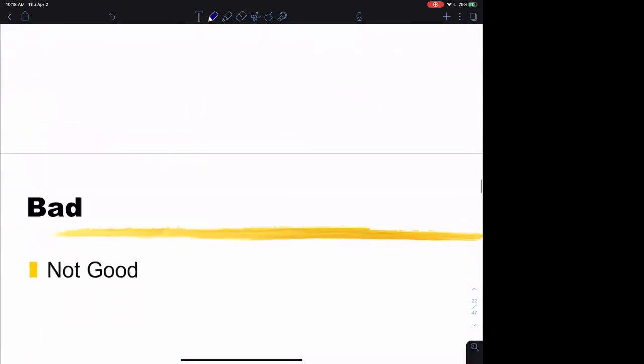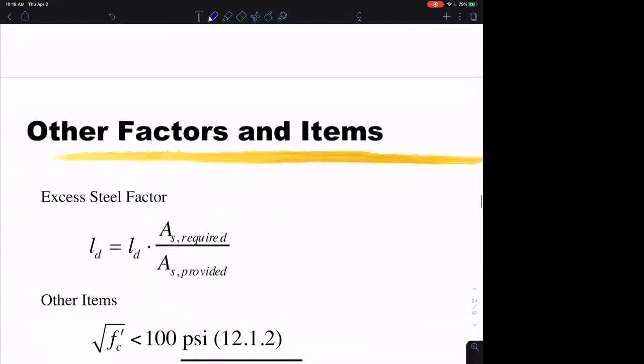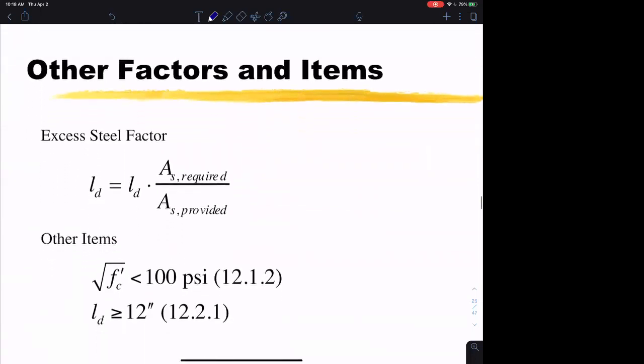Okay, that I think, oh, there are other factors. Let's just finish this real quick. If you have more, remember how you pick the steel, like AS required is 4.3 inches squared, but you pick 5 number 9s and it was 5 inches squared.